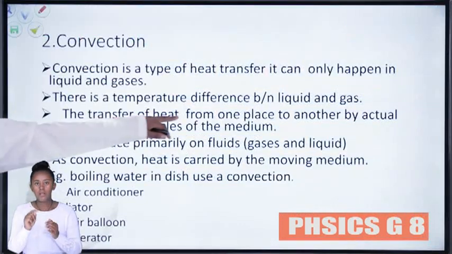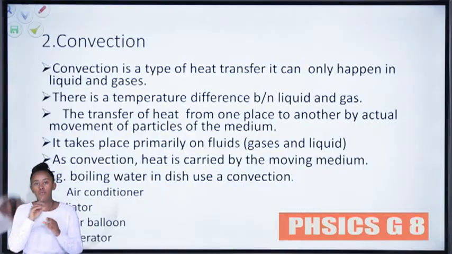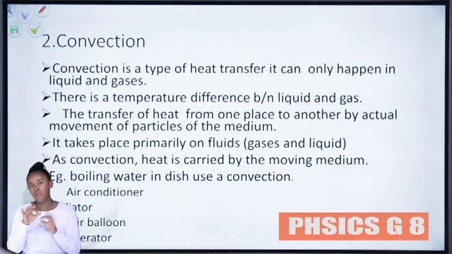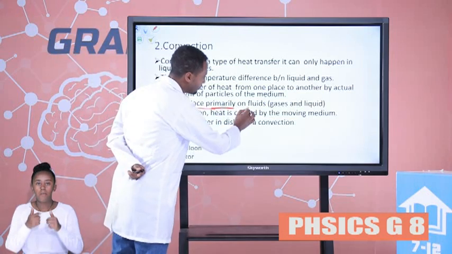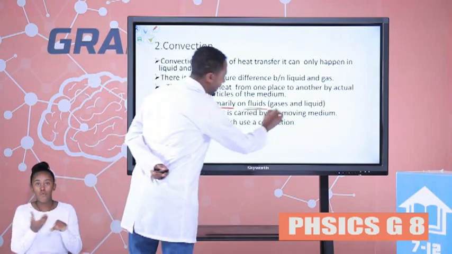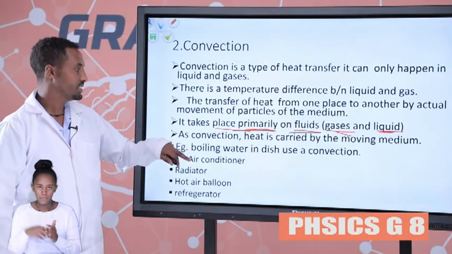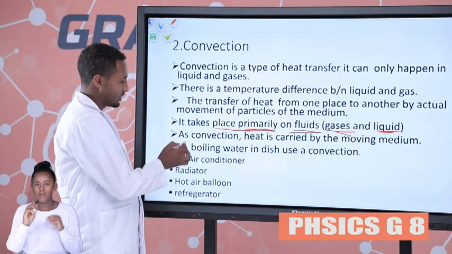The transfer of heat from one place to another by actual movement of the particles of the medium. This is another meaning of convection. Convection takes place primarily in fluids, gas and liquid. In convection, heat is carried by the moving medium.